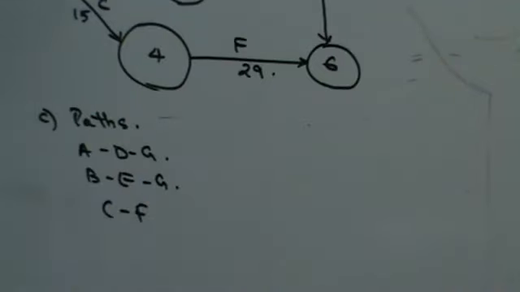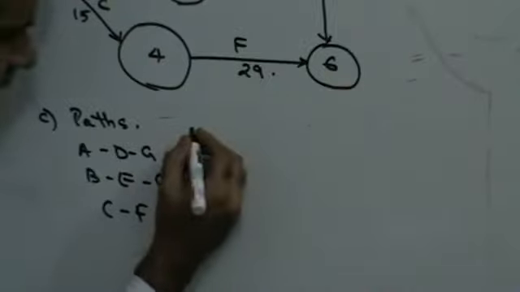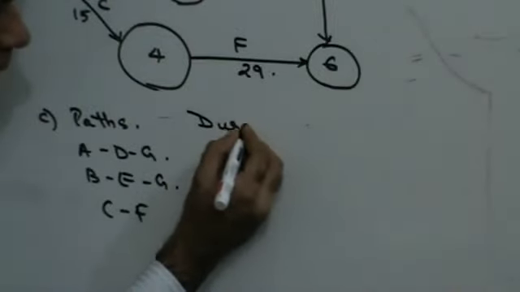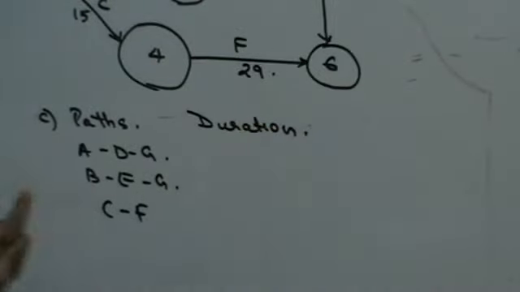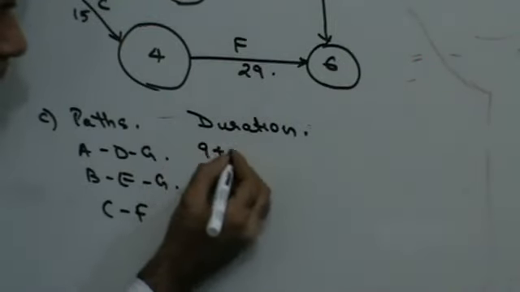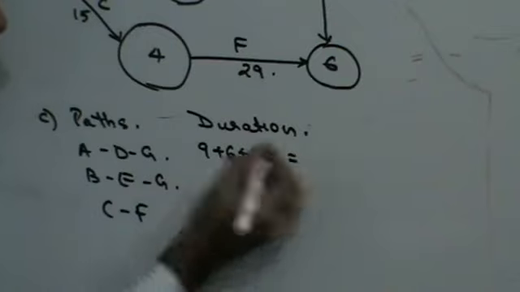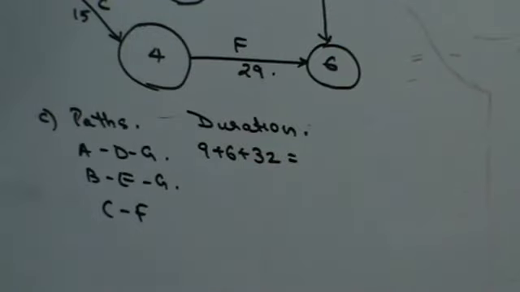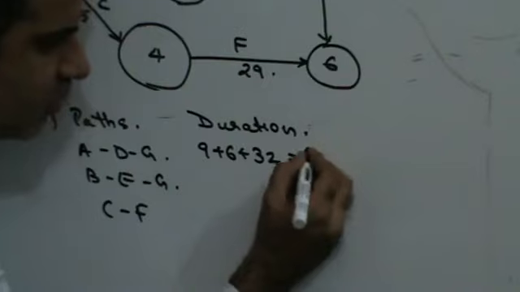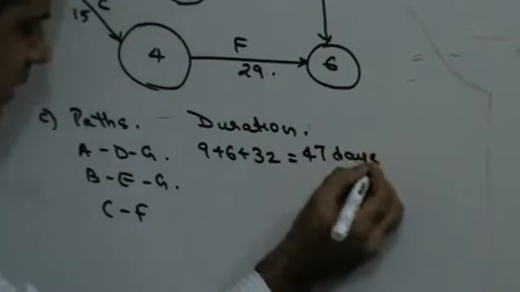Now, the duration of path A, D, G is 9 plus 6 plus 32, which is 47 days.